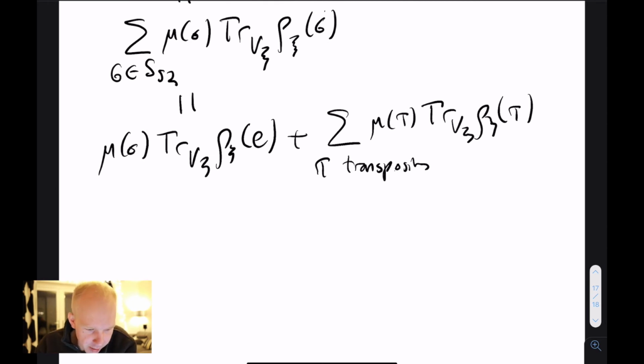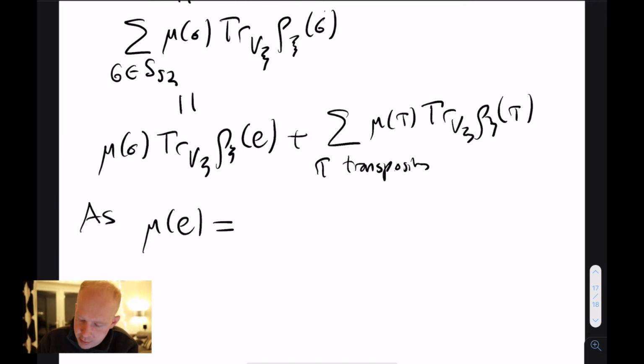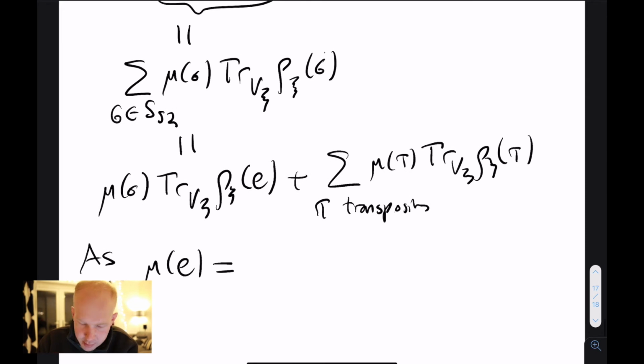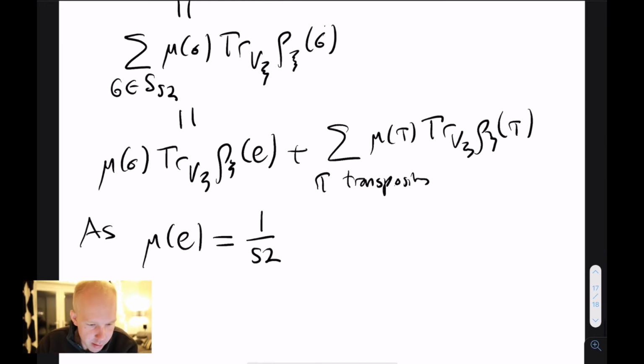Now we can compute this: μ(e) is equal to 1 over 52.